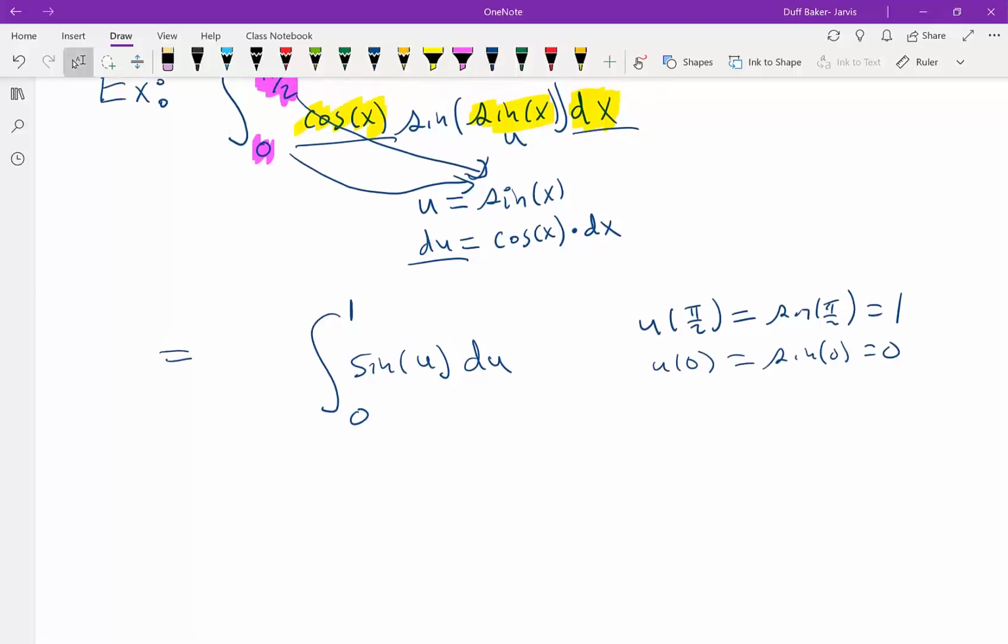And now we can actually do this integral. We haven't done the integral yet, right? We just did a substitution to make it simpler. So what's the antiderivative of sine? That would be a minus cosine. Here we're using the fundamental theorem of calculus again. So we take the antiderivative and we plug in our bounds.